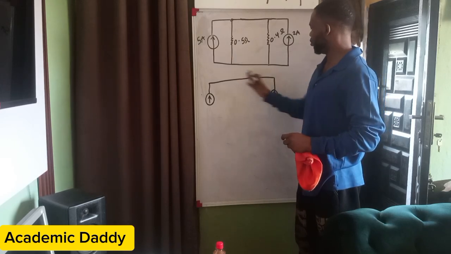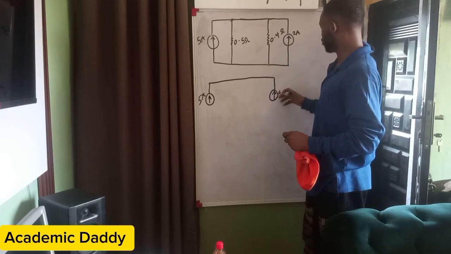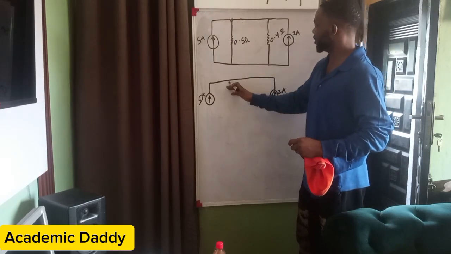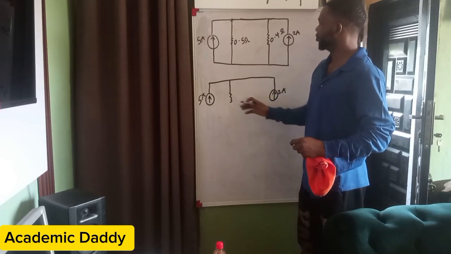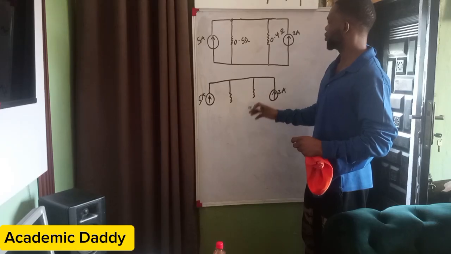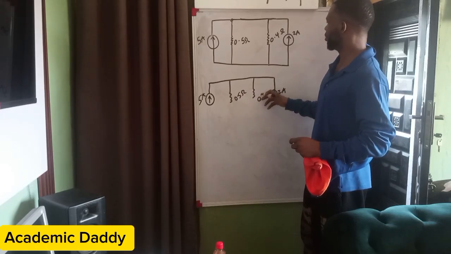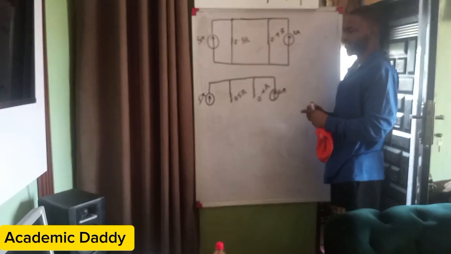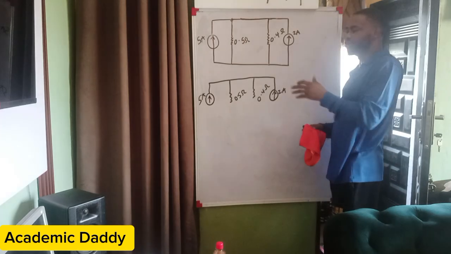Notice that as I moved from this end of 5 amperes to 2 amperes, if you come down here, you see that there is a wire connected to a resistor. Moving down as well, there is a wire connected to a resistor. This is 0.5 ohms and this is 0.4 ohms. So this forms what we call the bridge, or you say a node.